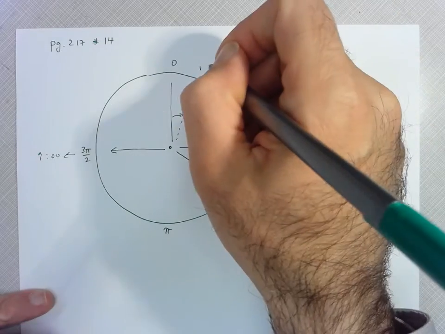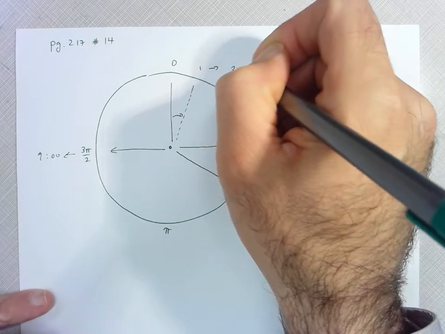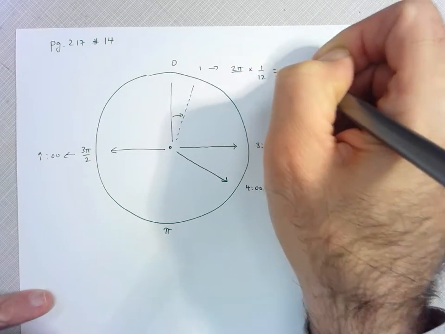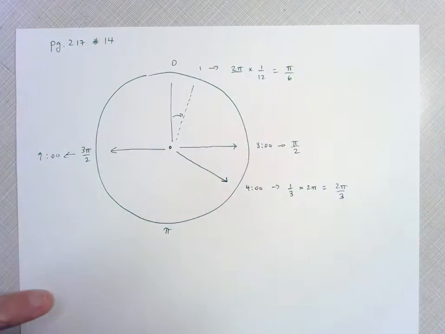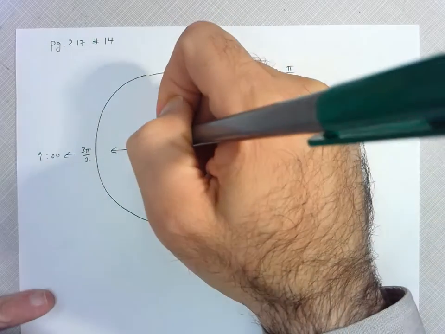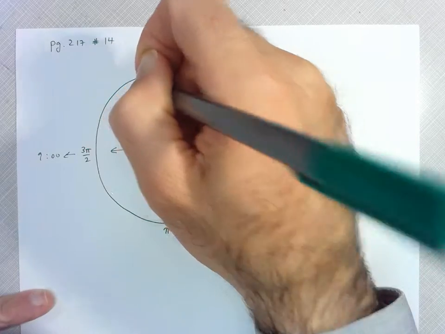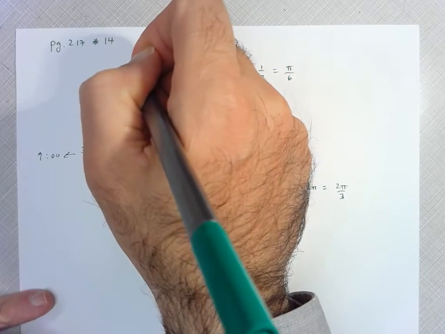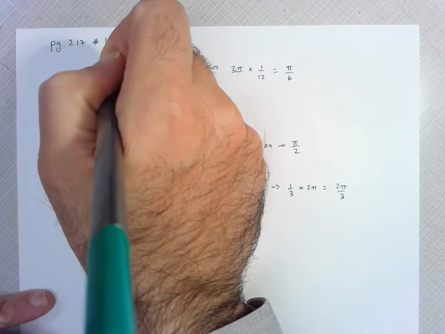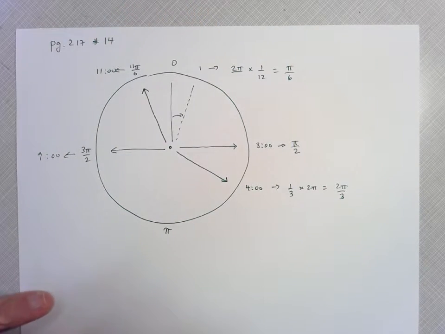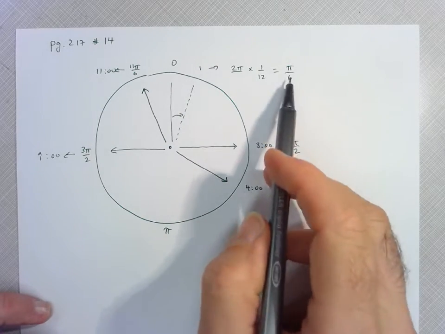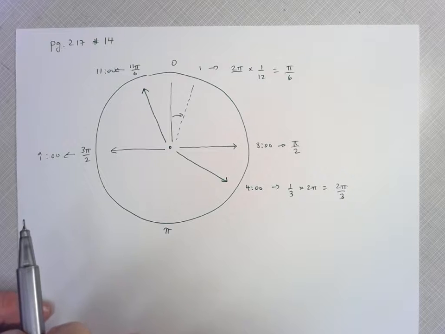So this would be 2 pi times 1 over 12. So every hour is pi over 6 radians. And so 11 pi over 6 will just take us to 11 o'clock. So 11 pi over 6 is just equal to 11 o'clock. This might actually help us out in the next one, to know that each hour is pi over 6 radians. Okay, so let's go to the last question.